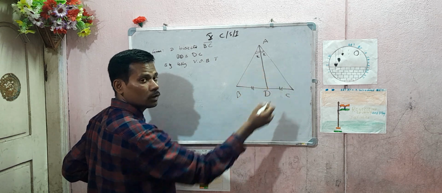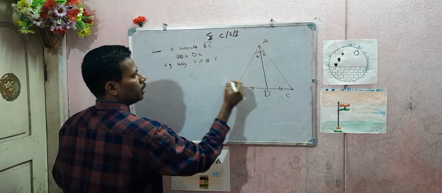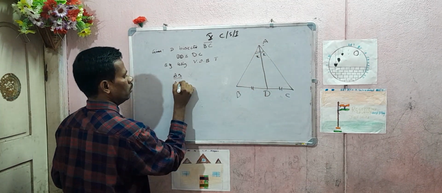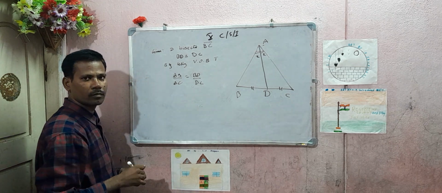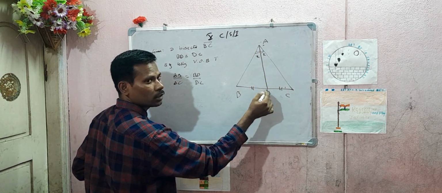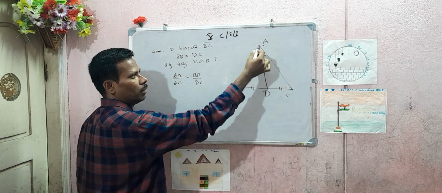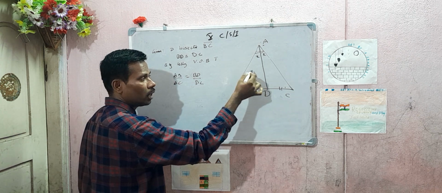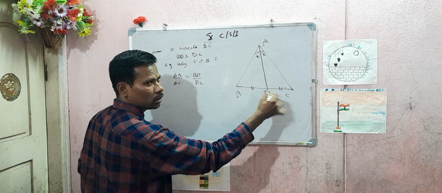That is, AB by AC is equal to BD by DC. Which are the other two sides? AB and AC are the other two sides, and this is the base.